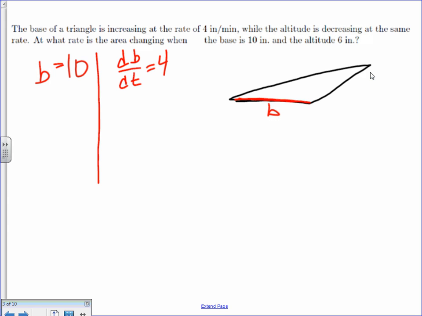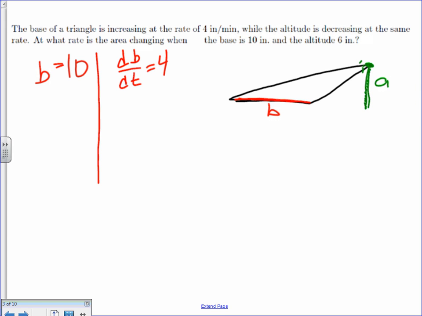All right, now the altitude is measured from the opposite vertex of the base, all the way perpendicular to the side of the base. So the altitude goes right to here. So this segment here is the altitude. Even though it looks kind of silly, that's the way it is. That's a base and that's an altitude, so I'm going to call that A, lowercase a for altitude.